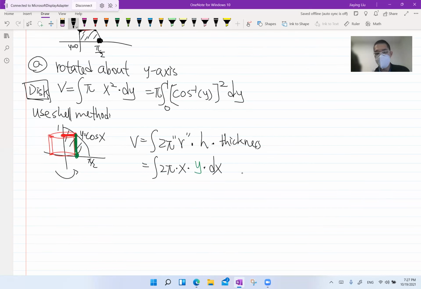But we are integrating with respect to x, so I don't need the y. The next step is to rewrite it by replacing y with cosine x. So we get 2 pi x cosine x dx. That's all good. Now we have to write down the boundary values. Since we integrate with respect to x, we look for the boundary values in the x direction of the shaded area. The shaded area covers from x equals 0 all the way to x equals pi over 2. So from 0 to pi over 2.